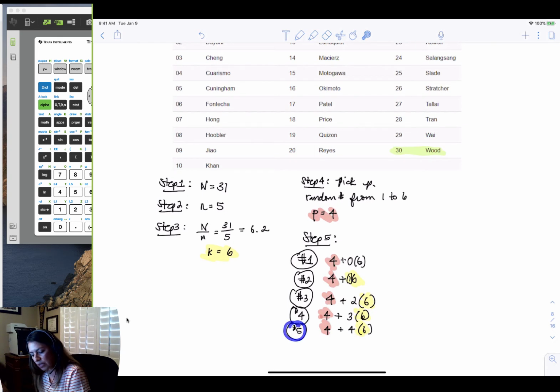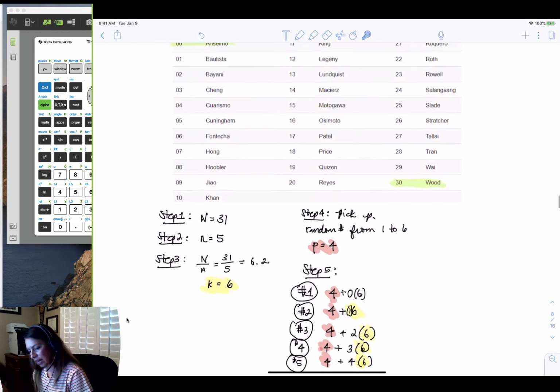Notice the fifth person in the sample has the 4 there. So these multipliers are always 1 less than the number of the subject in your sample. Really, it's just like counting every sixth person. The first person would be person number 4, add 6. The 10th person, add 6. The 16th person, add 6. The 22nd person, add 6. The 28th person. So you're just adding 6 after you start at the 4th person.